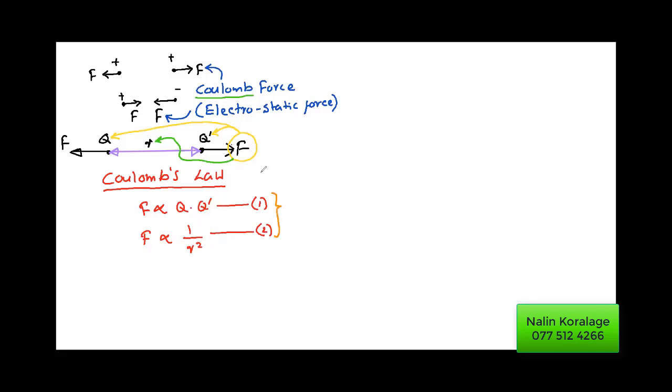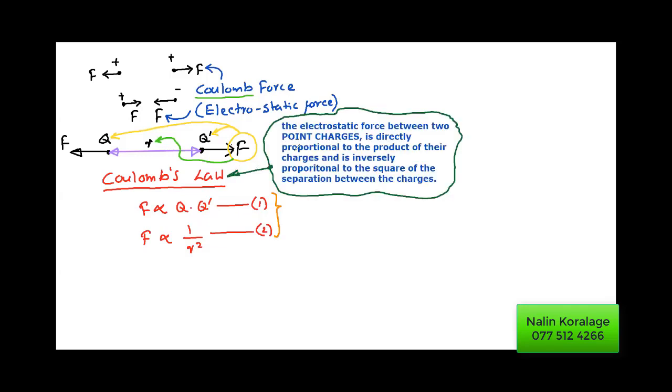Now remember, in case you happen to write the definition of Coulomb's law, what is meant by Coulomb's law is that the electrostatic force between two point charges is directly proportional to the product of their charges, Q dash, and is inversely proportional to the square of the separation between the charges.